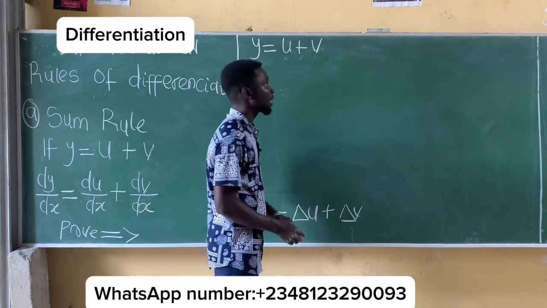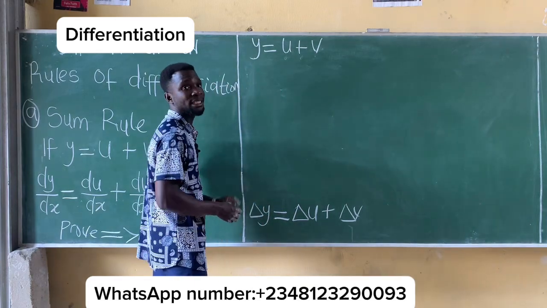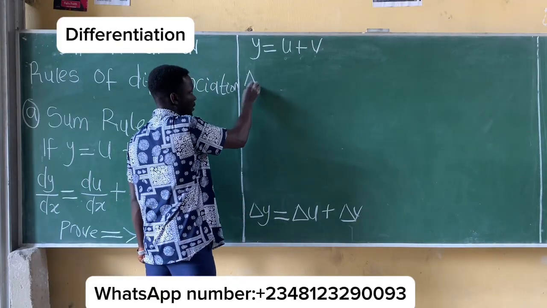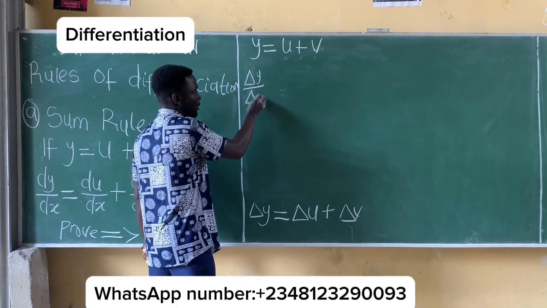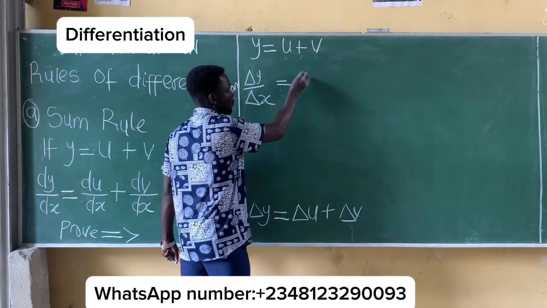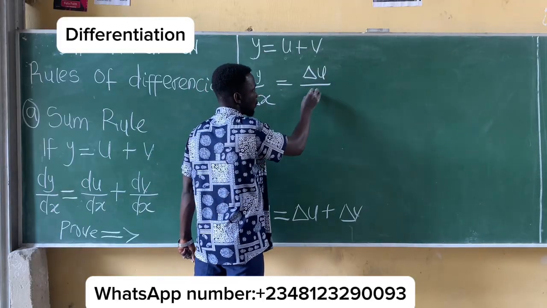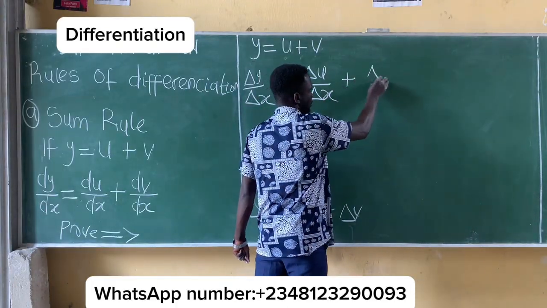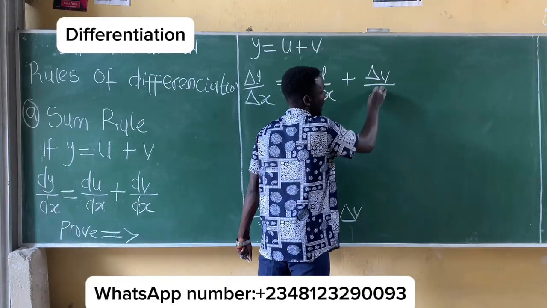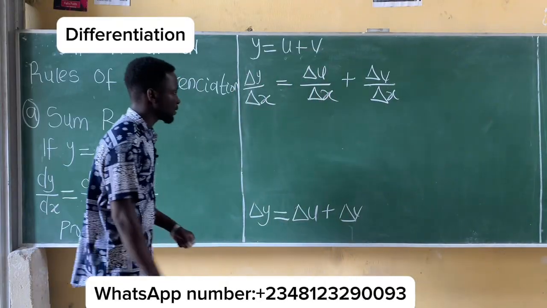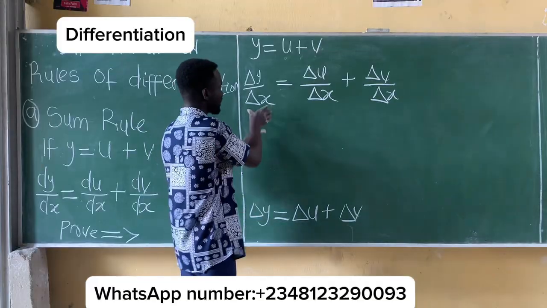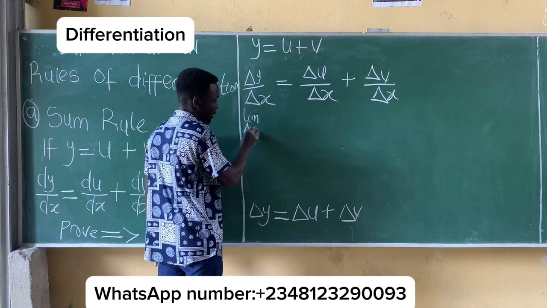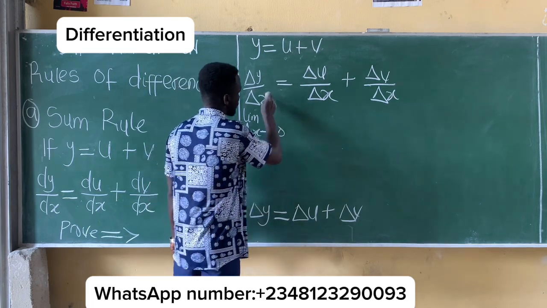So the next step is to divide through by delta x. If you divide through by delta x, you are going to have delta y all over delta x equal to delta u all over delta x plus delta v divided by delta x. So from here now, we take the limit as delta x tends to 0 for both sides.